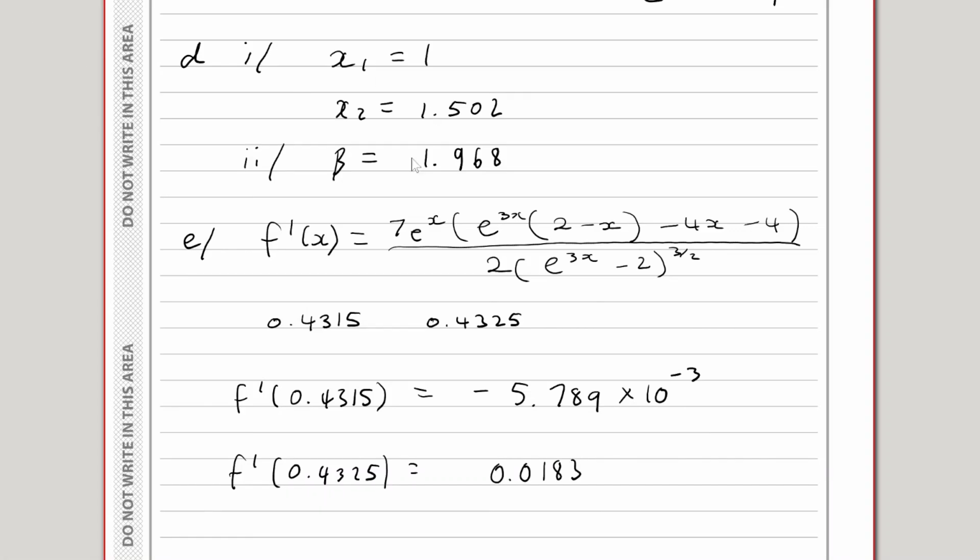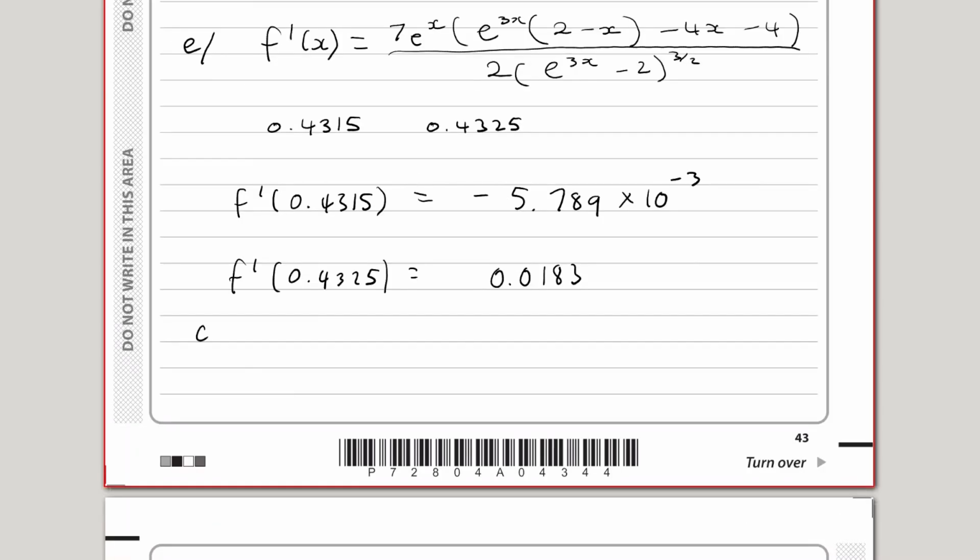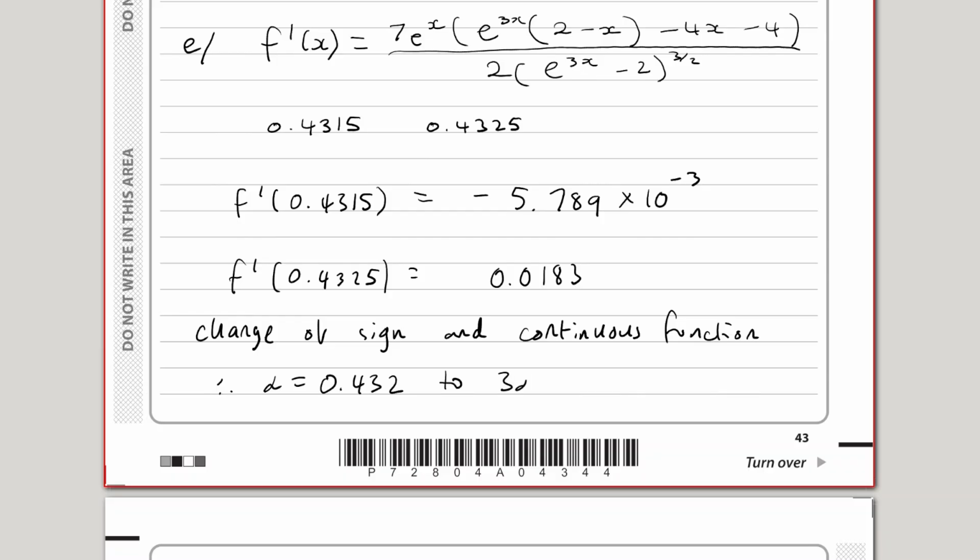So I've got a negative and a positive. So I can write change of sign and continuous function. Therefore, alpha equals 0.432 to 3 decimal places.